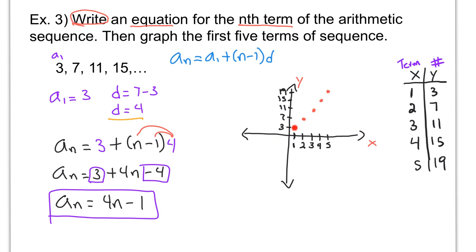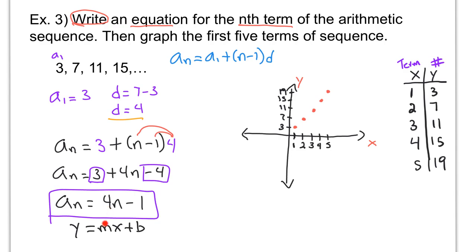You guys have a linear equation. And just to open your mind, just so you guys can see, this equation a sub n equals 4n minus 1 can actually be compared to y equals mx plus b.